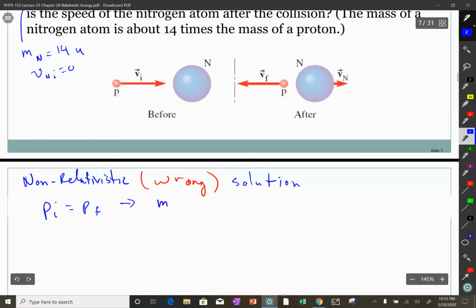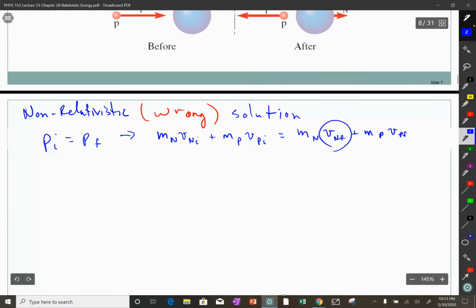So mass of the nitrogen times the speed of the nitrogen initial plus mass of the proton times the speed of the proton initial equals mass of the nitrogen, speed of the nitrogen final, plus mass of the proton, speed of the proton final. Trying to solve for this, so just rearrange to v nitrogen final equals mass nitrogen v nitrogen initial plus mass proton times (v proton initial minus v proton final), all over the mass of the nitrogen.